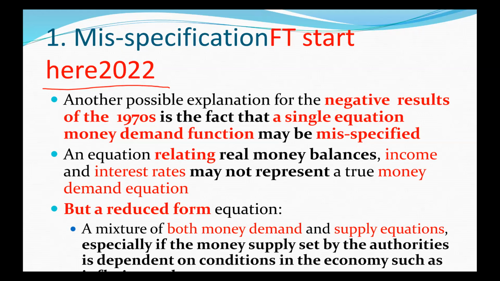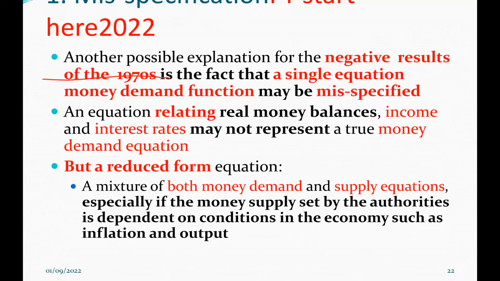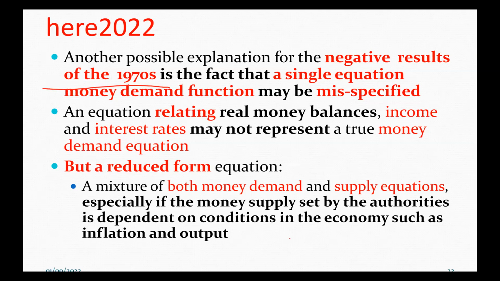An equation relating real money balances to income and interest may not represent a true money demand function, but a reduced form, which is a mix of both money demand and supply equations, especially if the money supply set by the authorities is dependent on conditions in the economy, such as inflation and output, right?